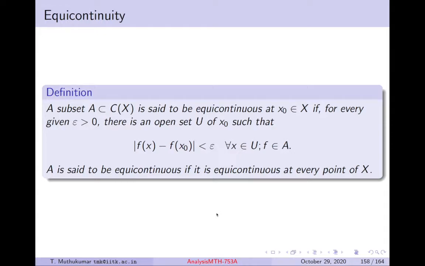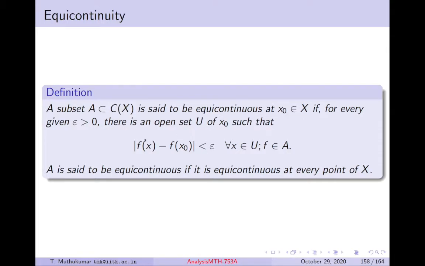Now let's see the definition of equicontinuity. We say a subset A of the space of continuous functions is equicontinuous at a fixed point x0 of capital X if for every epsilon you can find an open set U around x0 such that the absolute value of f of x minus f of x0 is less than epsilon for all x in this open set U and for all f in the set A. So this is the notion of equicontinuity at a point x0.